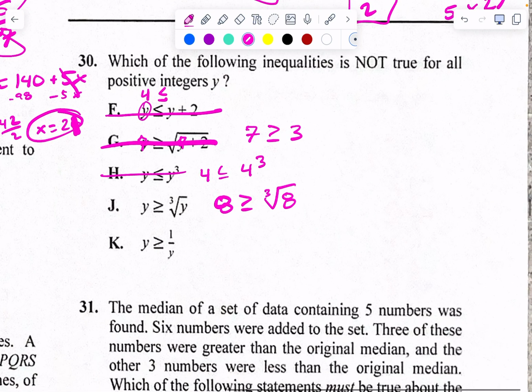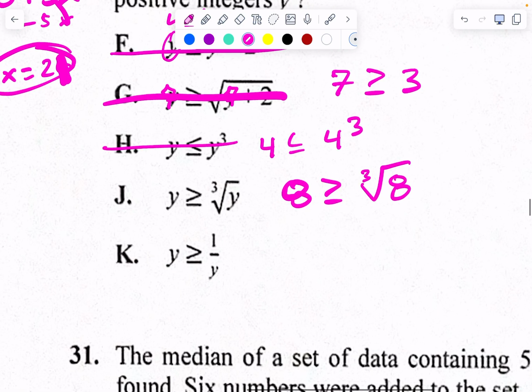Oh, I know. Positive integers. What's the question? The smallest possible positive integer is 1. 1 is still greater than or equal to 1 divided by 1. And then 2 would be greater than or equal to 1/2.